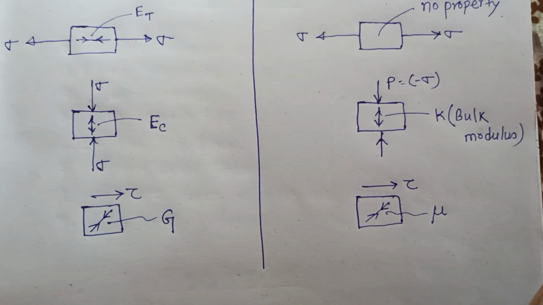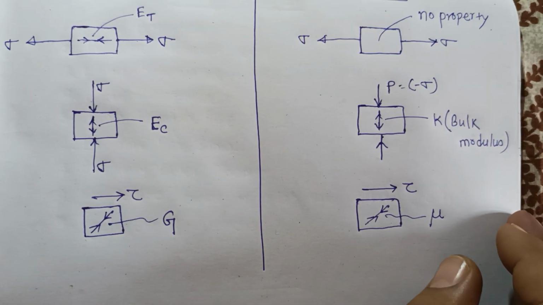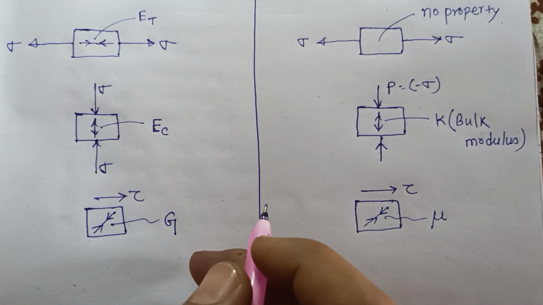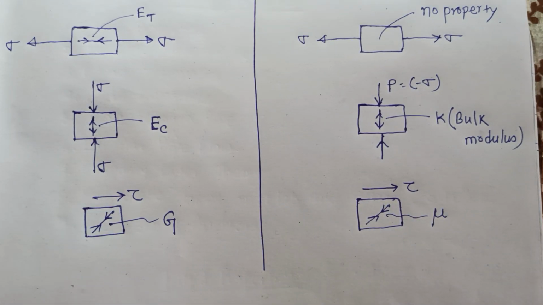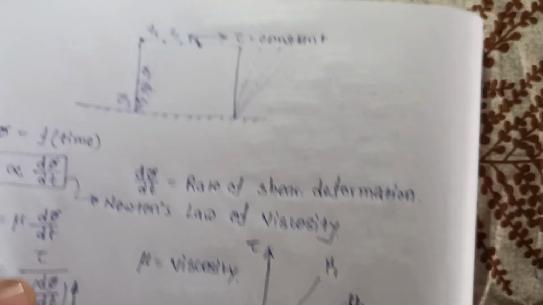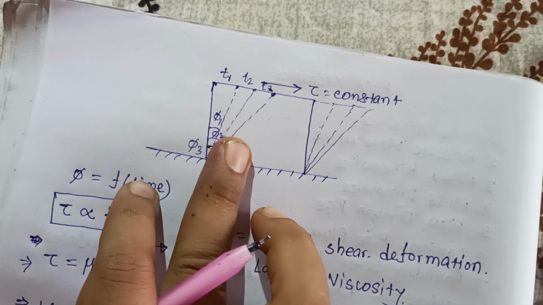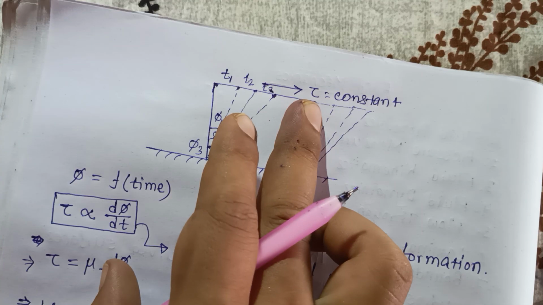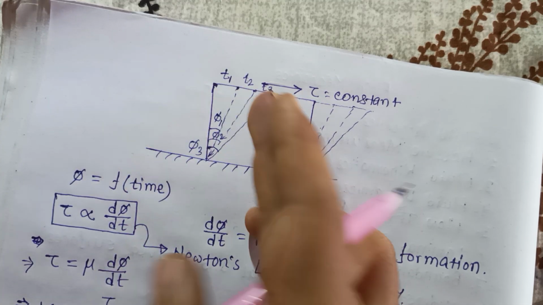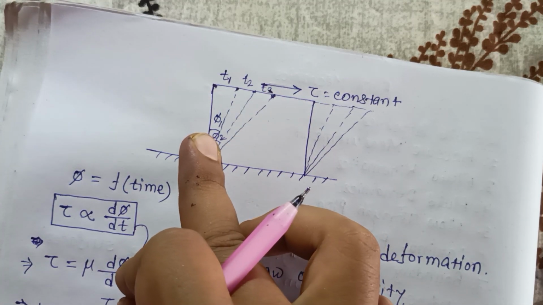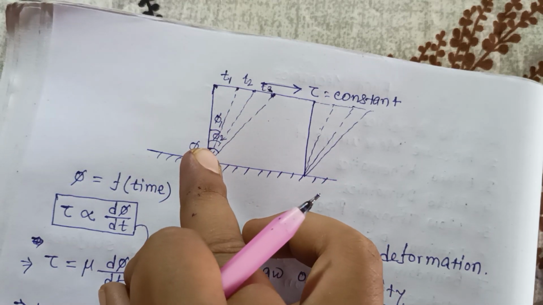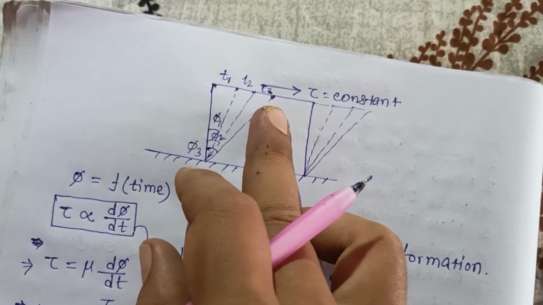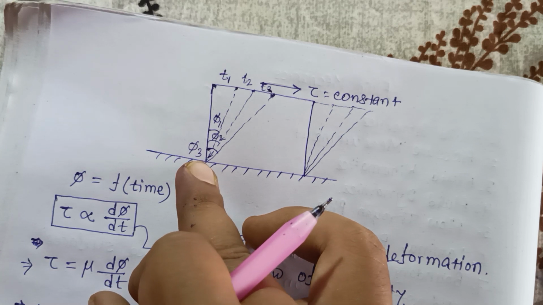Now the fluid is the matter whose existence defines pressure and which shows continuous deformation under shear stress. Because in this graph you see that after time t1 the shear strain is phi 1, at time t2 the shear strain is phi 2, at time t3 the shear strain is phi 3.